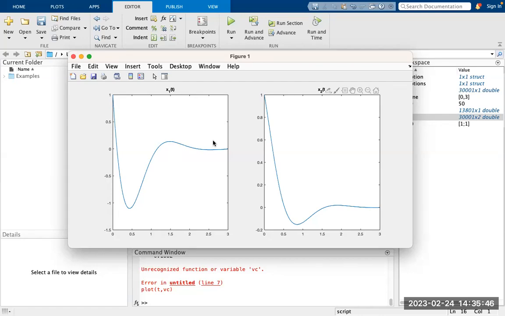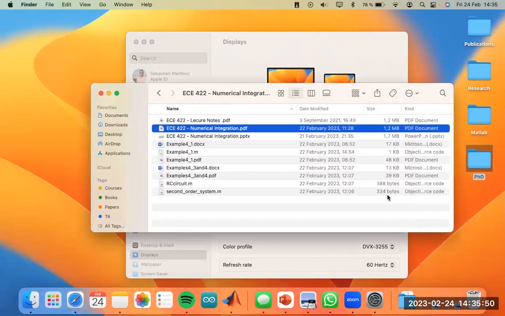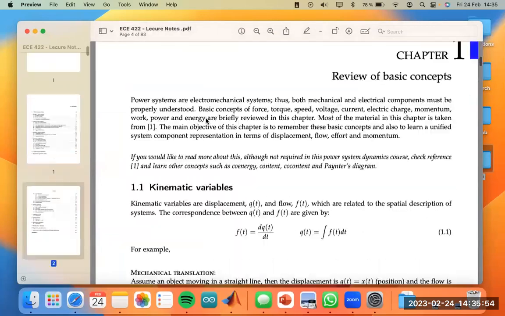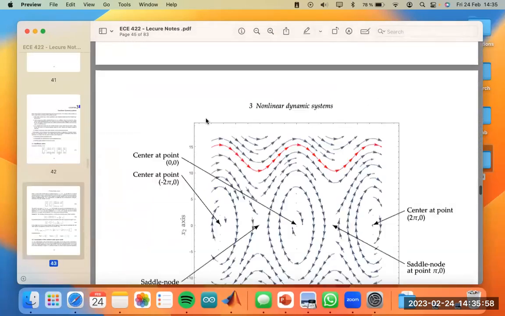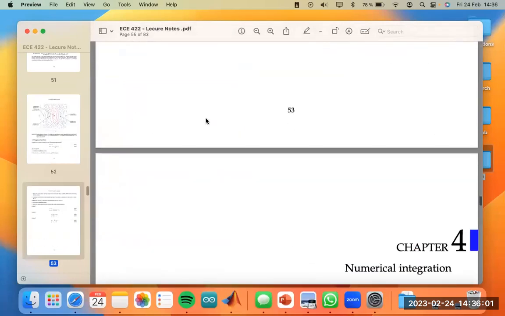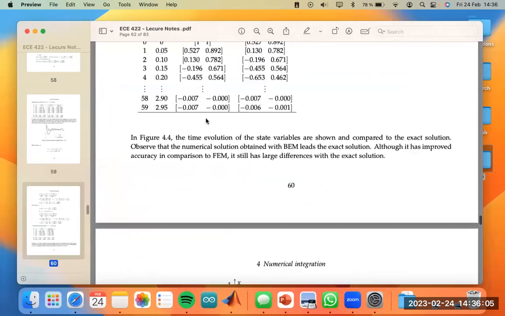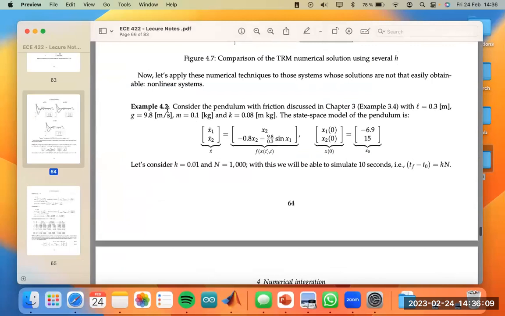So the little homework that I want you to work on, we have just 5 minutes, so there's one example pending here that we didn't work on, which is example 4.2.